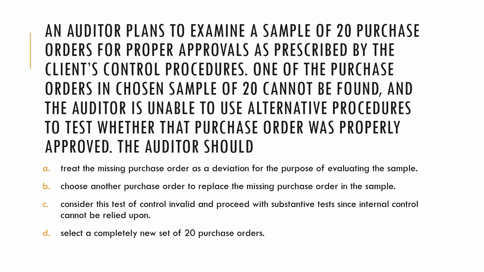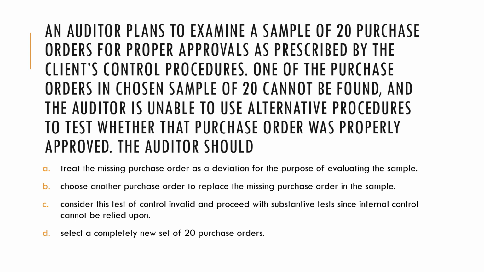So in this case, one of the POs cannot be found and the auditor was not able to perform alternative procedures. So what should the auditor do? Letter A says, treat the missing purchase order as a deviation for purposes of evaluating the sample. Or letter B, choose another purchase order to replace the missing purchase order in the sample.